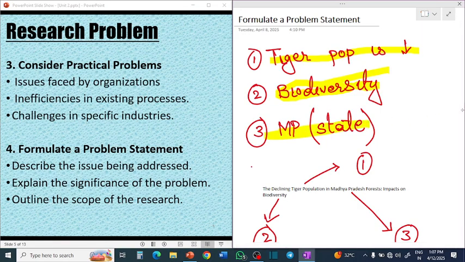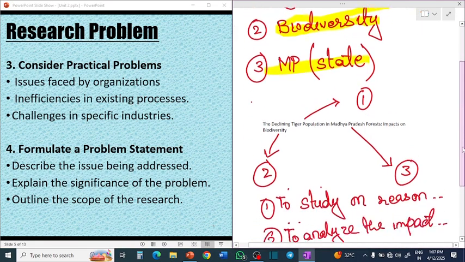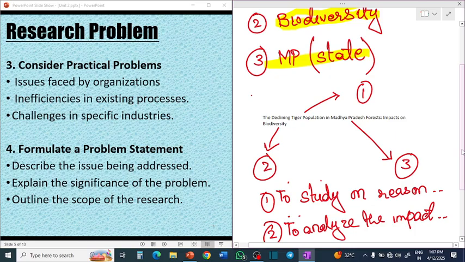So based on these three, you have to create a title. See, the declining tiger population in Madhya Pradesh forest, impact on biodiversity. So this will create the title of your problem statement.